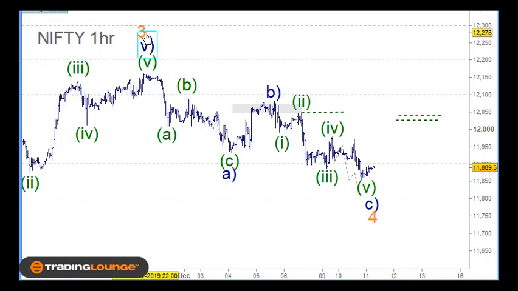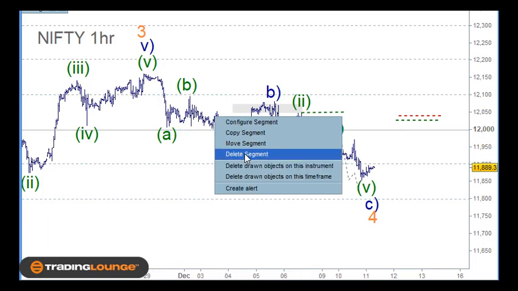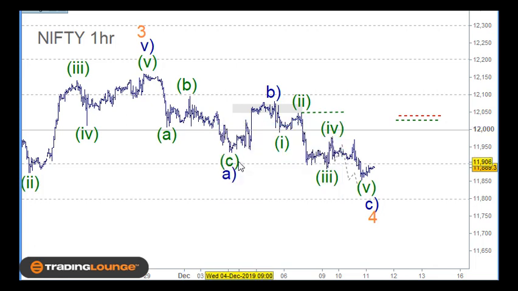So we know that the whole move down is corrective because we've got 5 waves in. Bit of housework. We've got 3 waves in this first move here as the A wave. So this is a corrective move.